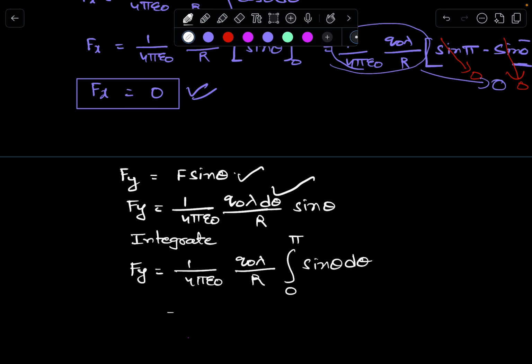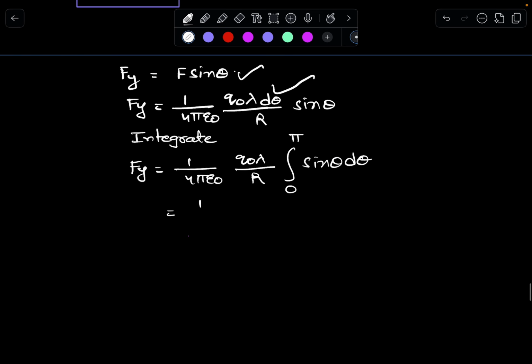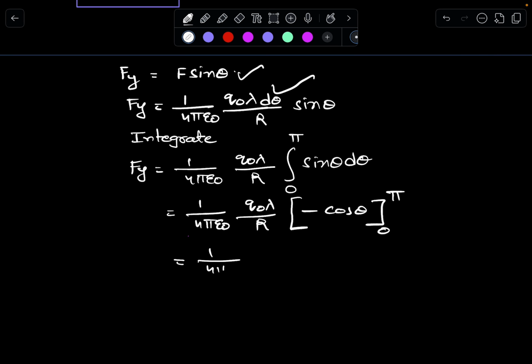Therefore we can write it as 1 by 4 pi epsilon naught into q naught lambda by r into integral sine theta becomes minus cos theta, which is varying from 0 to pi. Now I'm going to substitute these boundaries: 1 by 4 pi epsilon naught into q naught lambda by r into minus cos pi minus minus cos 0.